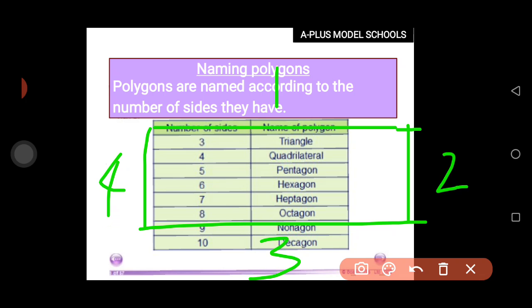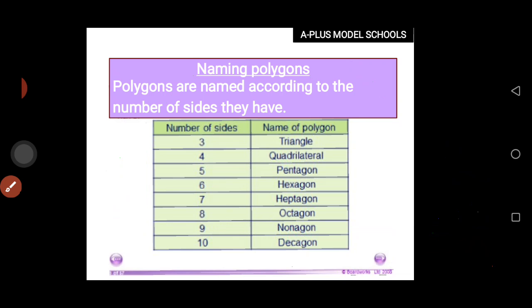So when you look at the lines, it has 4 sides, which is a rectangle. And when you look at it, this side is longer than this side. That length 1 is longer than length 2. So the 1 is the length and the 2 is the breadth. So the length is always longer than its breadth.